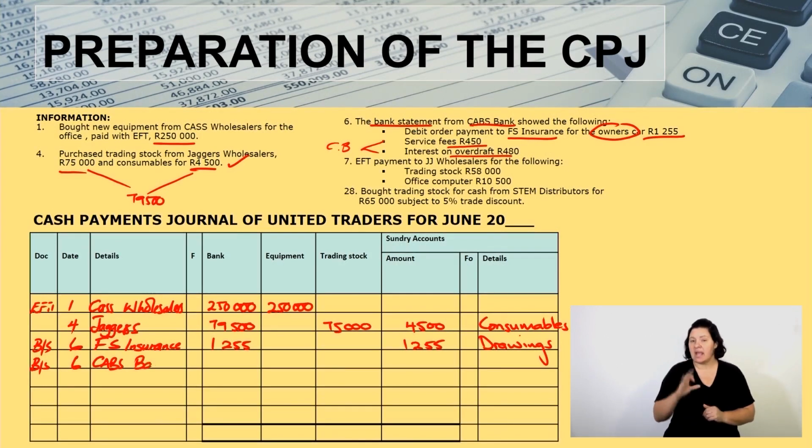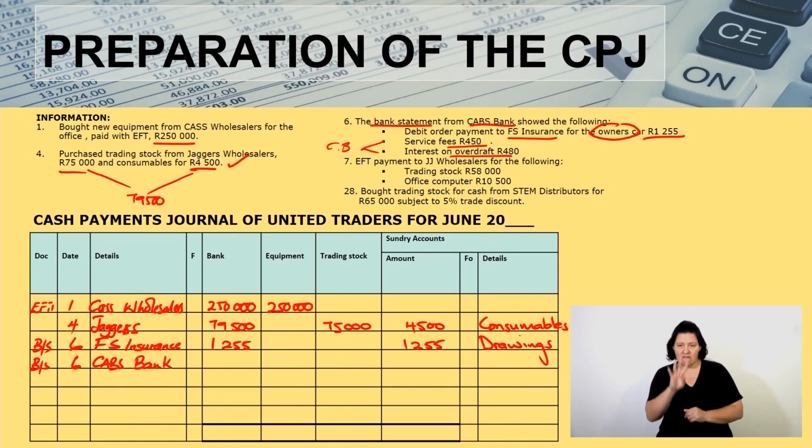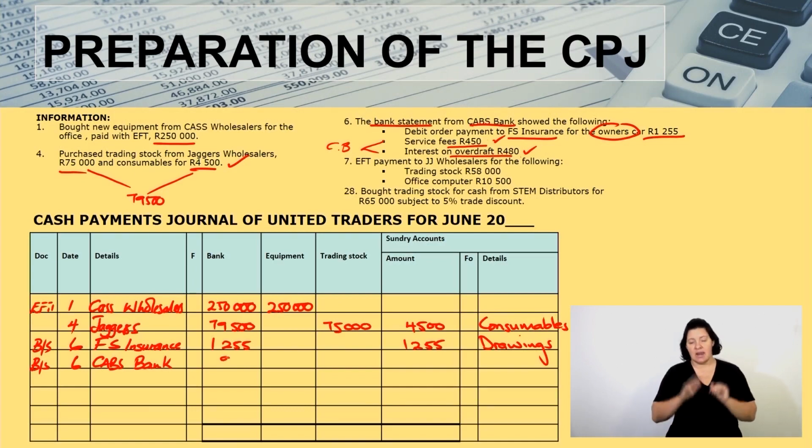In this case, you can see that there is $450 and $480. So the total amount paid to the bank is $450 plus $480, which gives you $930. So I'll come here now, then I'll say $930.